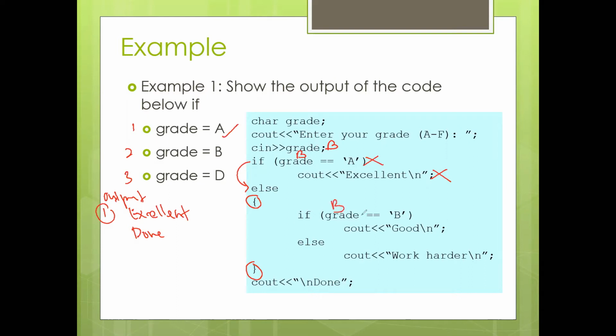So adakah B sama dengan B? Yes. Bila yes, dia akan keluarkan good. Ini cara bacaan nested if. So dia akan keluarkan good, dan dia tak akan masuk yang ini, betul tak? Sebab ini dah betul, dia tak akan masuk ini. So dia akan terus pergi ke done. Itu maksudnya. So yang grade D ini, you can try yourself.